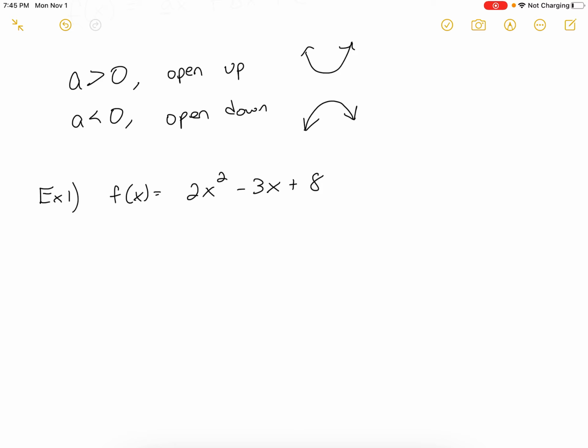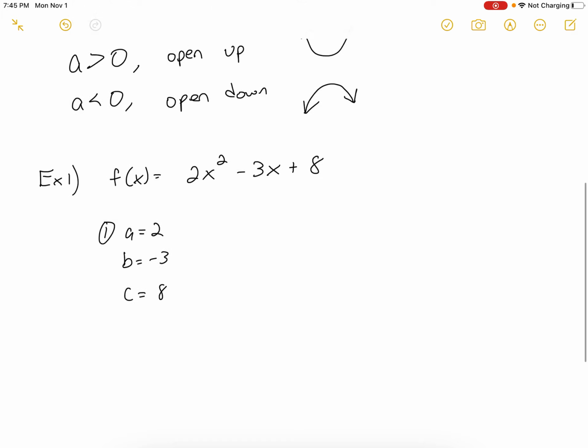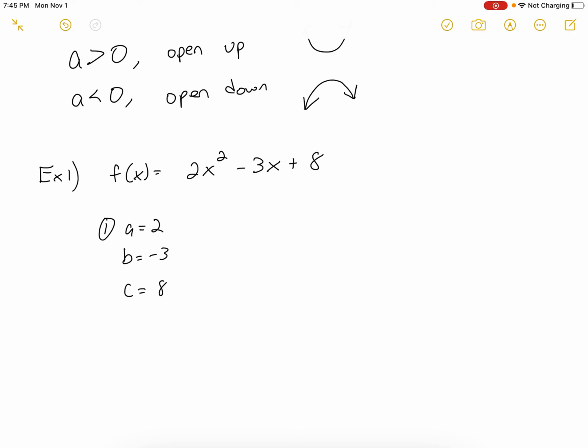So a is 2, b is negative 3, c is 8. And then we want to determine, does it open up or down? And a is positive 2, so this is going to open up.